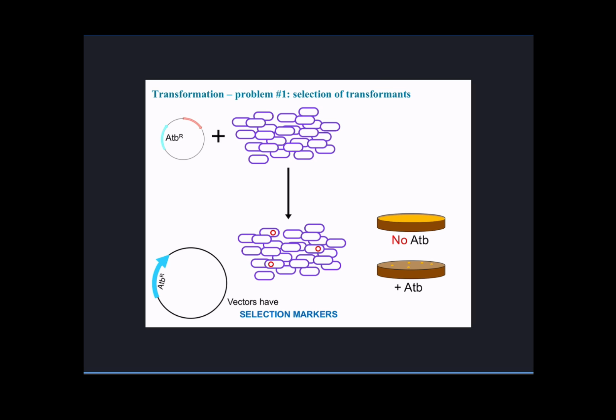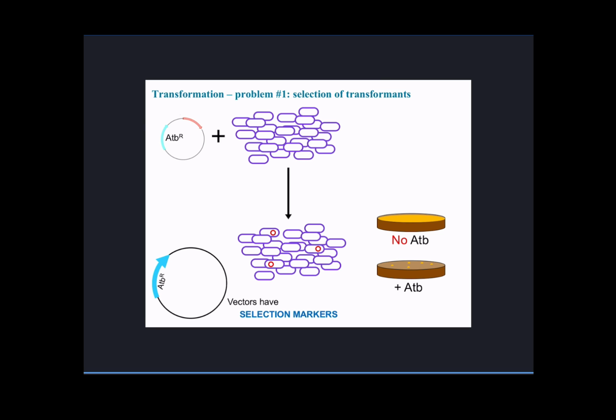So if we take these bacteria and we plate them on a culture plate without antibiotic, all of them will thrive and survive and divide, and we will get what is called a bacterial lawn, right? It's like this massive, gooey, nasty film of bacteria, similar to what you might see grow in rotten food.